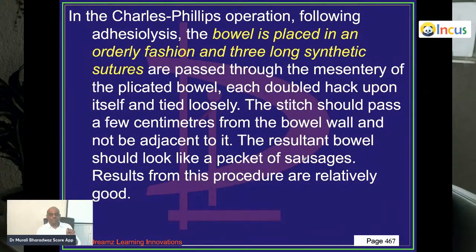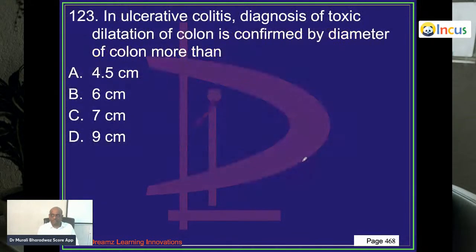And you do Charles Phillips, where the bowel is placed in an orderly fashion with long synthetic sutures passed through the mesentery of the plicated bowel. That is called Charles Phillips. Few people will have more tendency to form post-operative adhesions. Few people will not form.